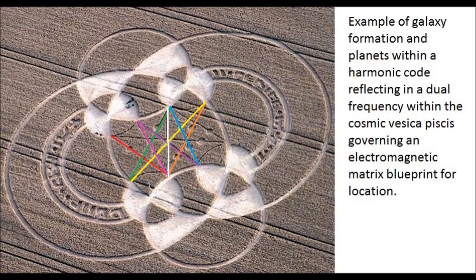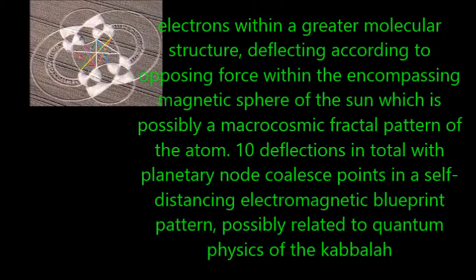And the little dots are possibly the planets, like the node points between frequency vibrations where planets would coalesce within the whole electromagnetic sphere of the sun, which goes way past the planets.